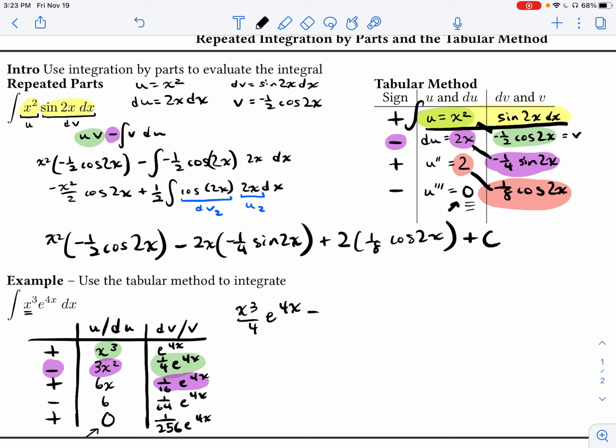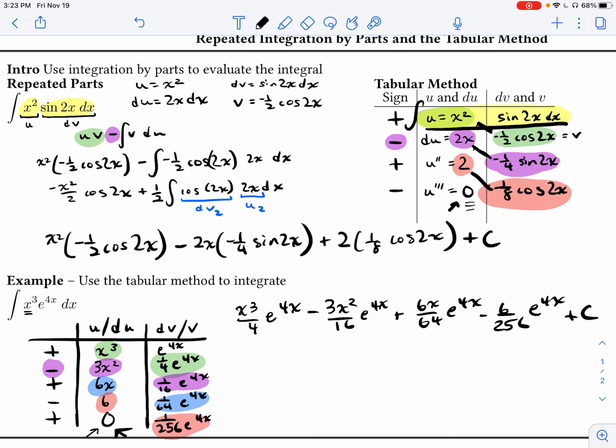So negative 3x squared over 16 times e to the 4x. Then we've got positive 6x times positive 1/64 e to the 4x. And then I've got negative 6 times 1 over 256 e to the 4x. And since I end up at 0 here again, I know that I am done.